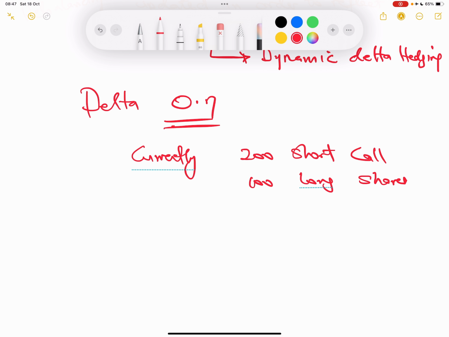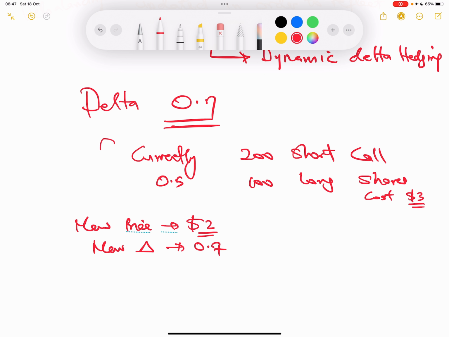These shares we bought at $3. Now the new price goes to $2, and the delta that used to be 0.5 has now become 0.7.